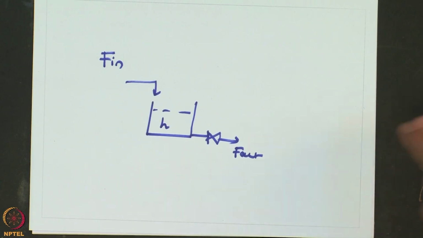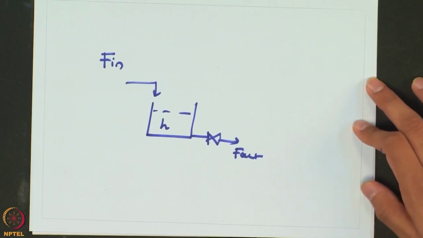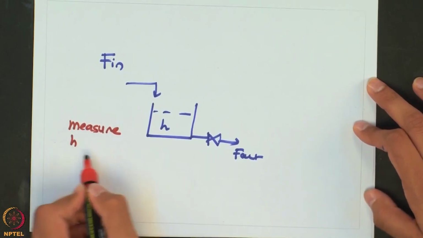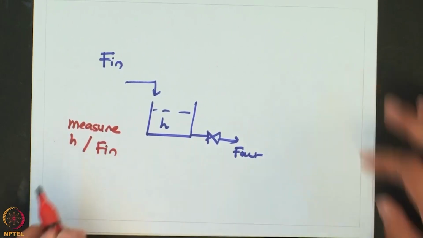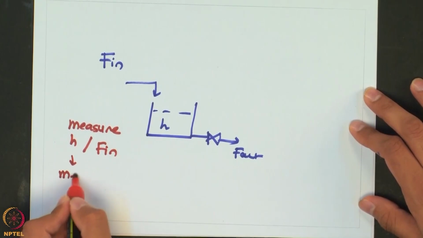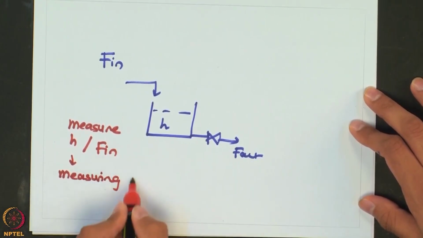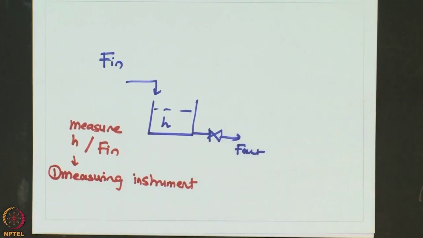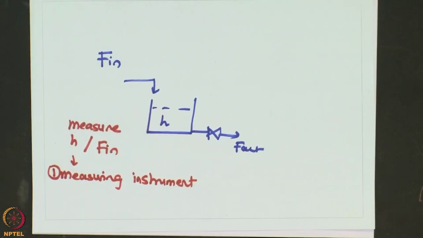The first and foremost thing we need in order to take any control action is to measure either the height or the inlet flow rate, so either the controlled variable or the disturbance. All you need is a measuring instrument. So, the first thing which is required is a measuring instrument which would measure either the controlled variable or the disturbance variable. For this case, let me just show you what happens if we measure the controlled variable.